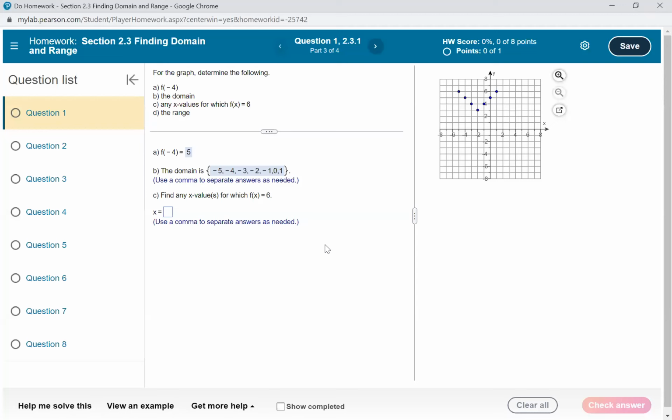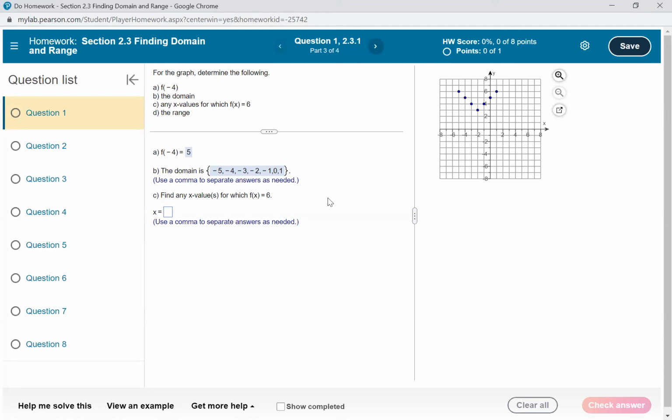So part C is usually the tricky part of this. They want me to find any x values for which f of x equals 6. So what they're doing on part C, they're giving me the y value of 6, and they want to know if there's any x values that make that happen.